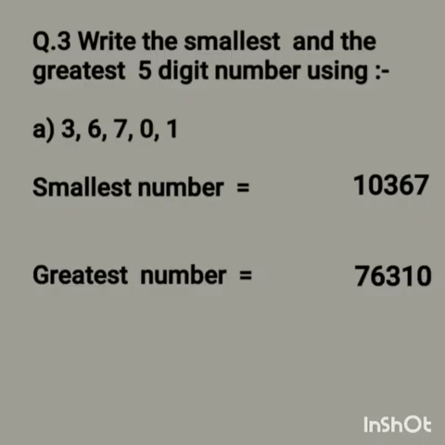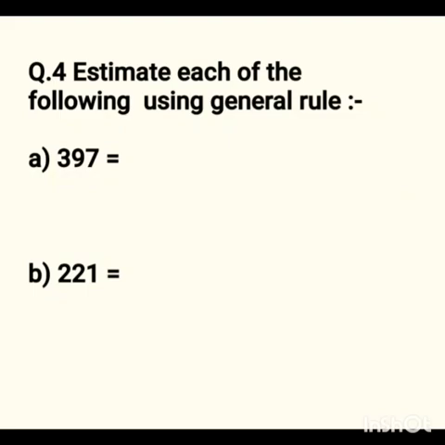So student, the next question is question number 4. Estimate each of the following using the general rule. We have to estimate these numbers. Because it is to the nearest 100, I have to look at the tens digit, which is 9 here.